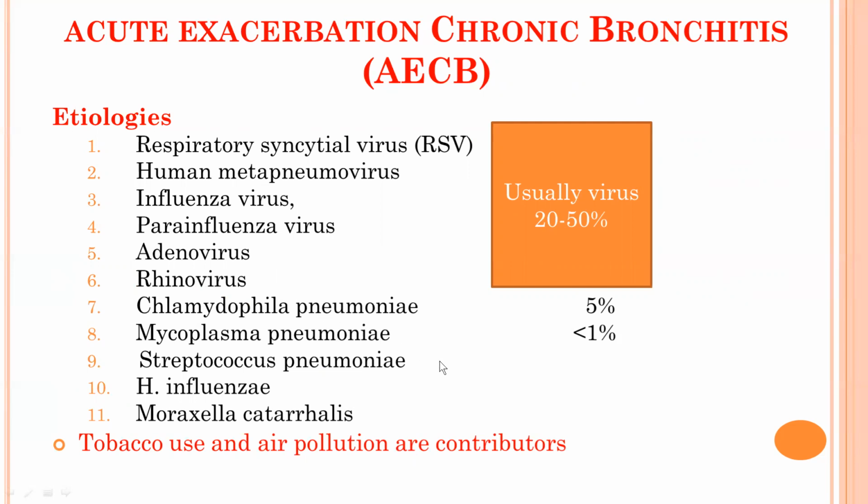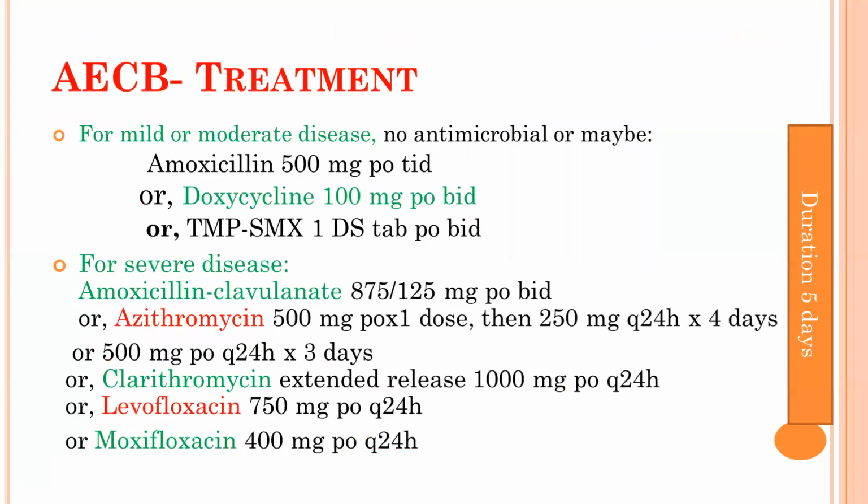Among the bacteria, Chlamydophila pneumoniae 5% is most important, followed by Mycoplasma pneumoniae less than 1%. Streptococcus pneumoniae, Haemophilus influenzae, and Moraxella catarrhalis are infrequent. The thing we must remember is that tobacco use and air pollution are the main contributors to acute exacerbation of chronic bronchitis. Let us discuss the treatment.